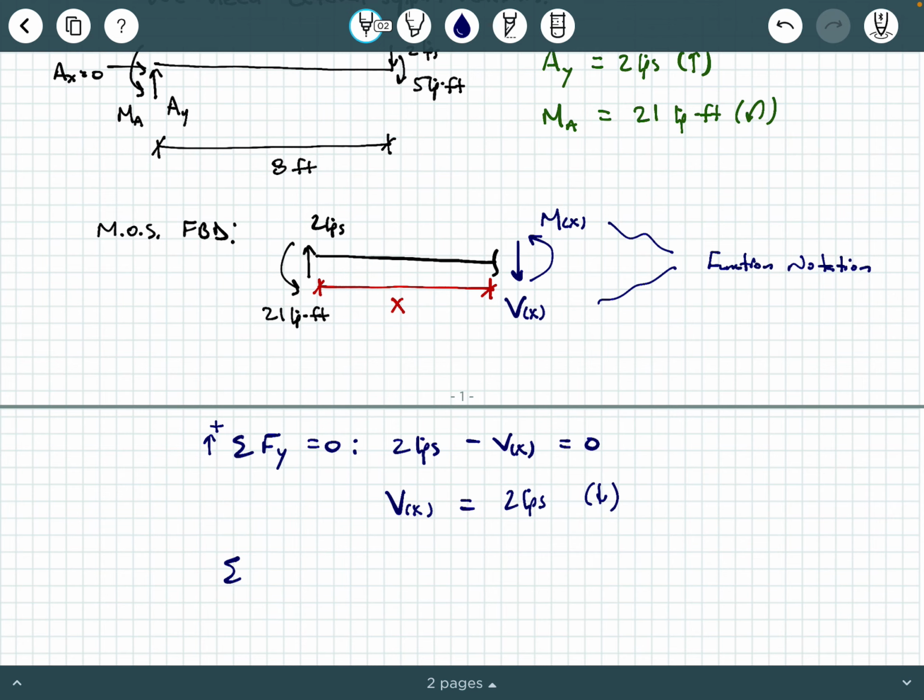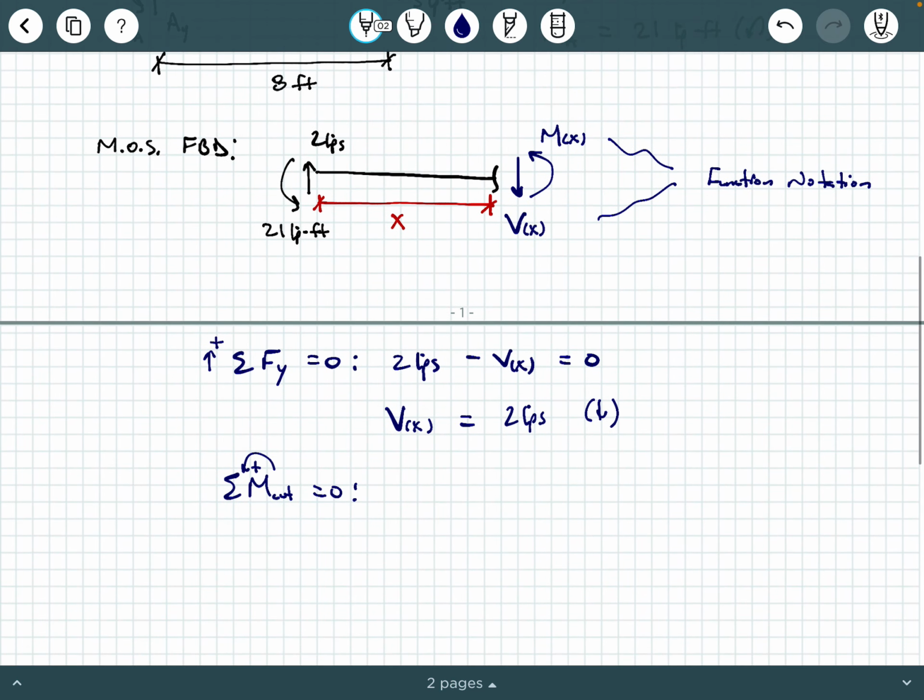We're also going to say sum of the moments about the cut equals 0, counterclockwise is positive, and we're going to say 21 kip feet, and then minus 2 kips times x, plus M as a function of x equals 0. Now be careful here, this is 2 kips times x in this term, and then this is M as a function of x.